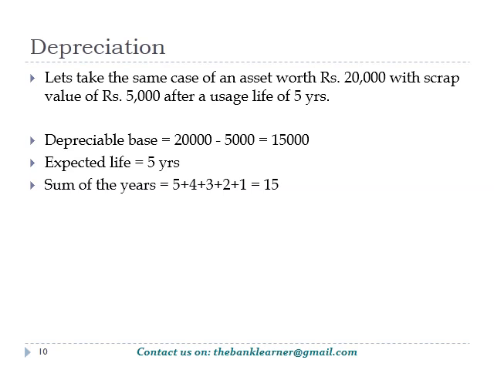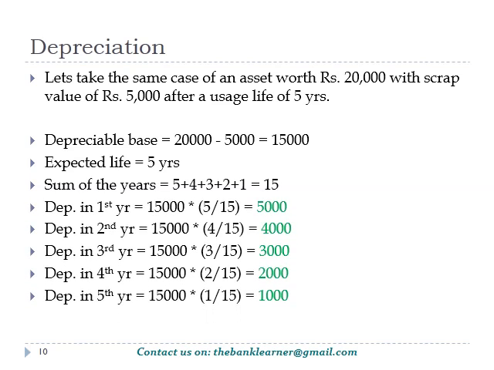This is sigma n. Therefore, depreciation in first year equals 15,000 into 5 by 15, which is equal to 5,000. The depreciation in second year equals 15,000 into 4 by 15, which is equal to 4,000. As such, the depreciation is calculated up to the 5th year.